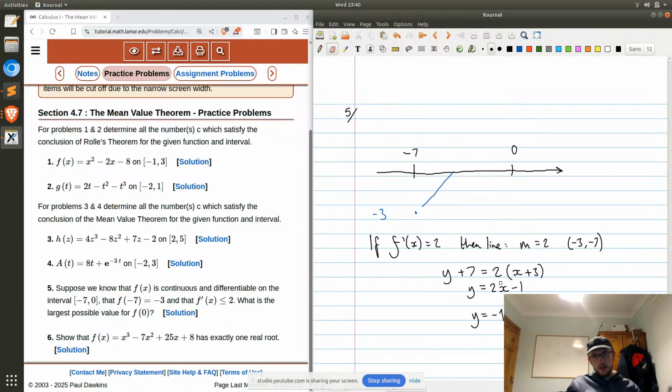First, this calculation is wrong. It's y minus y1. X minus x1. What? How? Oh my goodness me. These are the wrong way around.